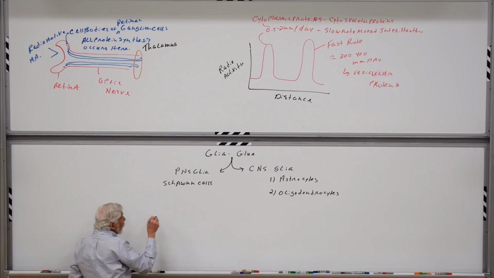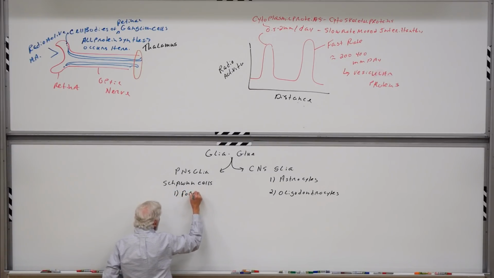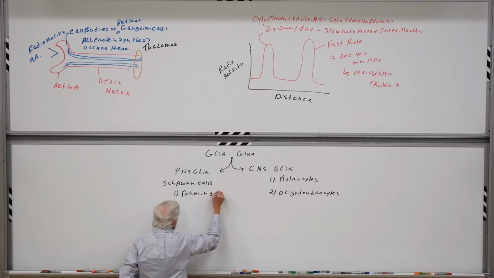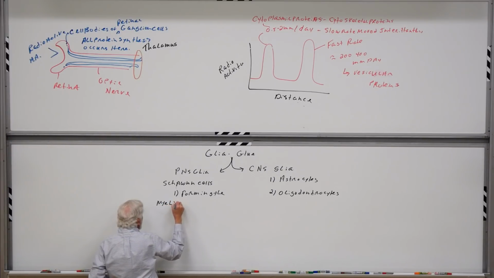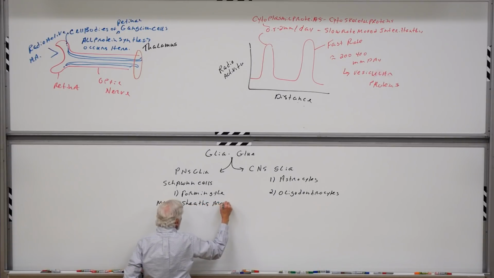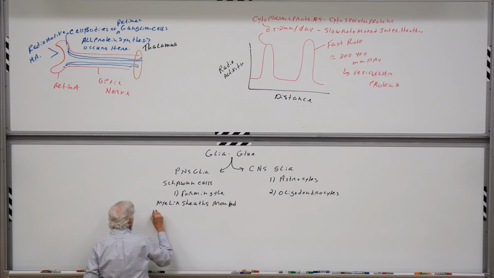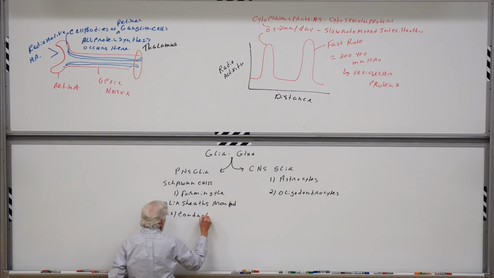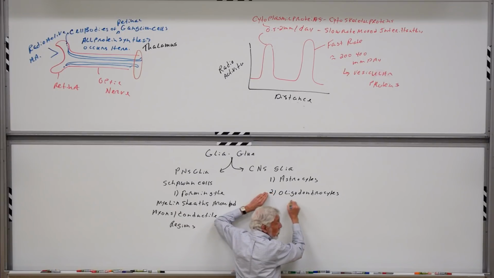And in the peripheral nervous system, it is the Schwann cells that are responsible for forming the myelin sheaths around axons or conductor regions. That role in the central nervous system is played by the oligodendrocytes.